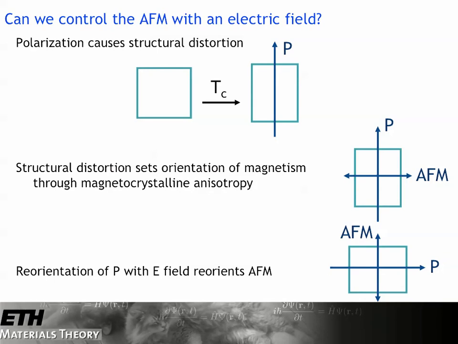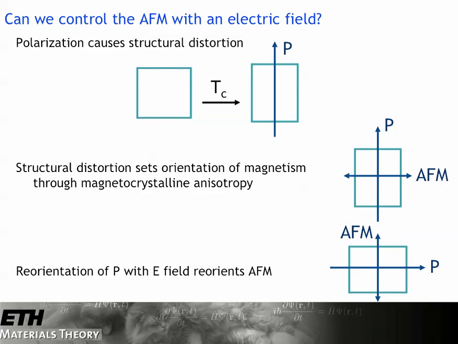This is also going to become relevant for the electric dipole moment project, which is to recognize that when I make a phase transition from a high-temperature paraelectric phase to a ferroelectric phase, and I develop my spontaneous electric polarization, there's a structural distortion associated with that. And in this cartoon, I've shown it as just a tetragonal elongation. The structural distortion, through the magnetocrystalline anisotropy, determines the orientation of the magnetism.